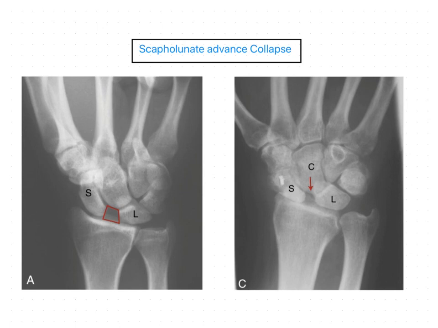So what is happening exactly in scapholunate advanced collapse? For example, take a case of a person who falls on an outstretched hand, which results in pain and swelling on the dorsum of the wrist. A radiograph is taken which shows a separation between the scaphoid and the lunate.